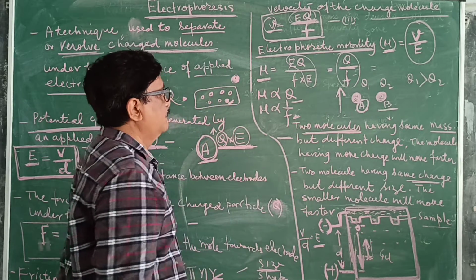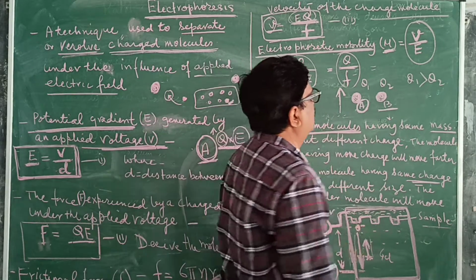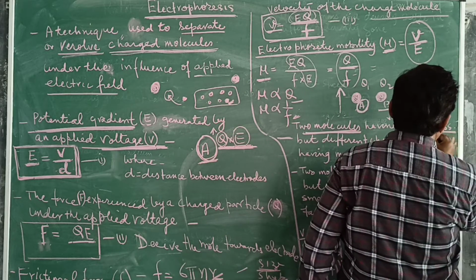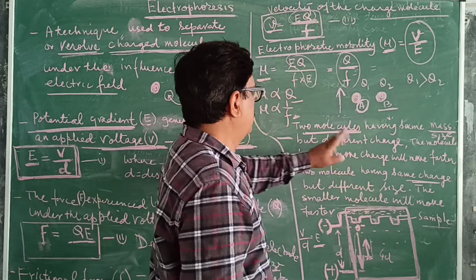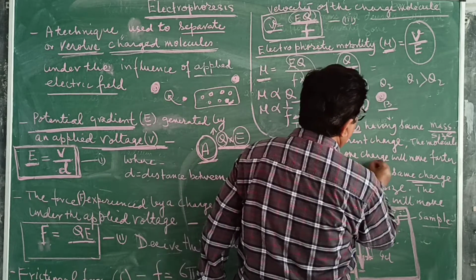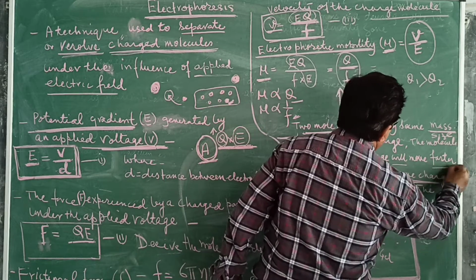Okay, this is the main point. Two molecules having the same size, but different charge, then the molecule having more charge will move faster.